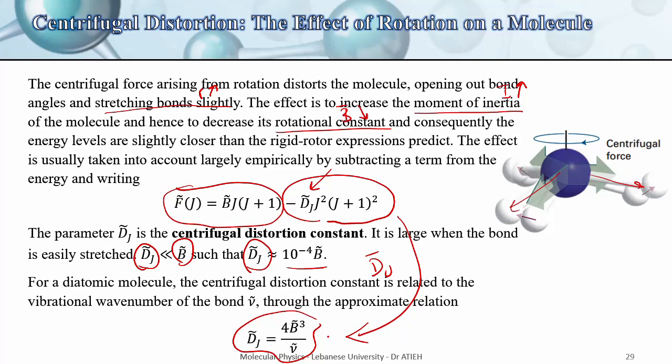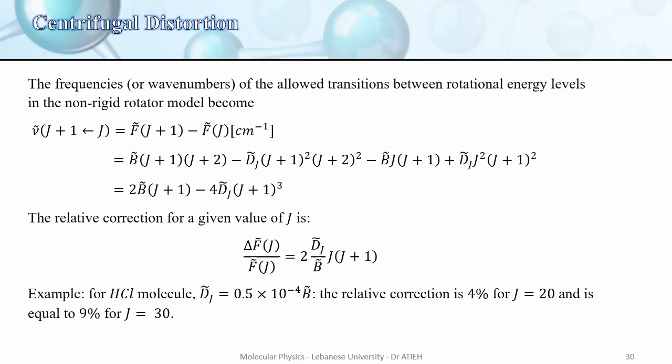So how do we arrive at this formula for a diatomic molecule? Due to the centrifugal distortion, we have a change in the energy of a rotational energy level, and hence a change in the frequencies or wave numbers of the allowed transitions between these rotational energy levels, because we are no longer considering a rigid rotor. We are considering a real, non-rigid rotor.